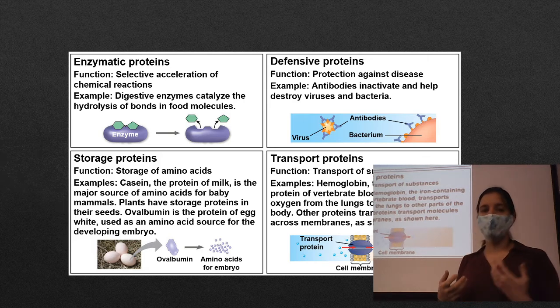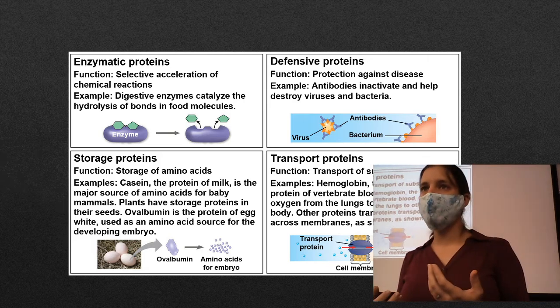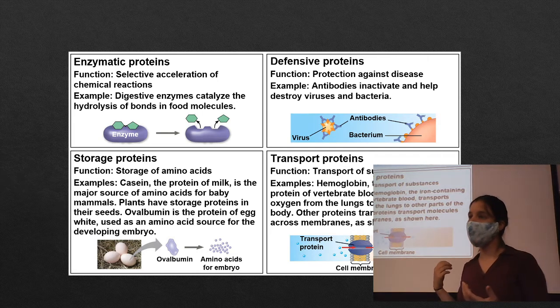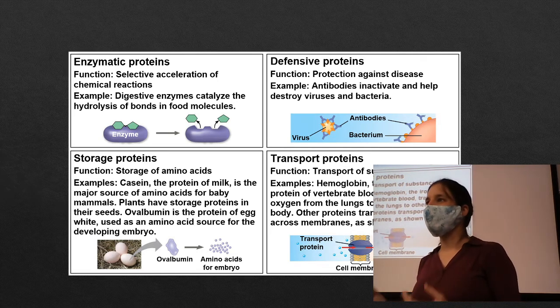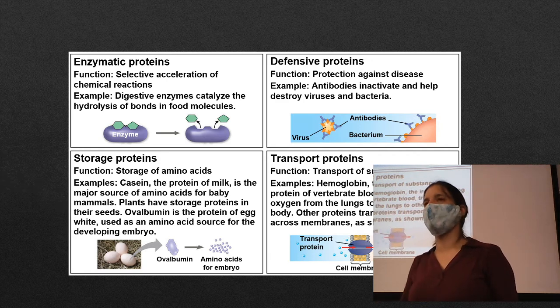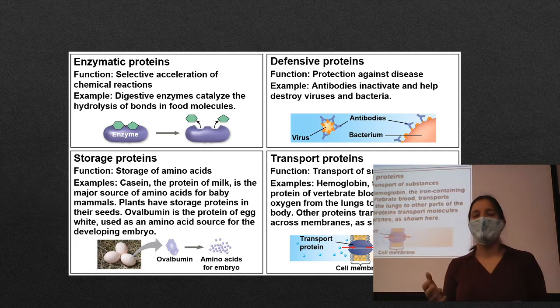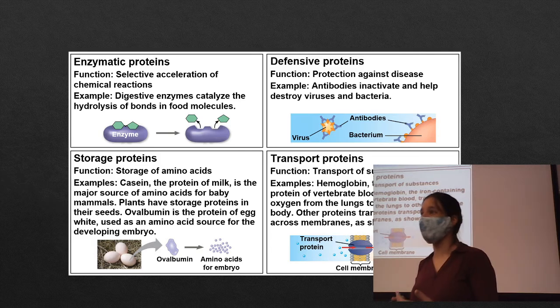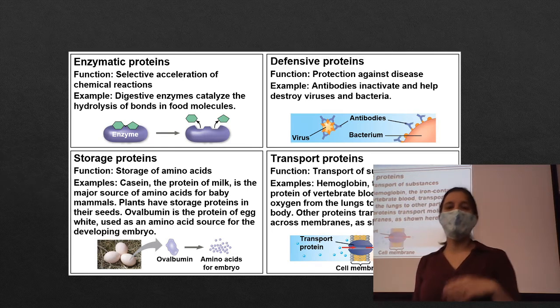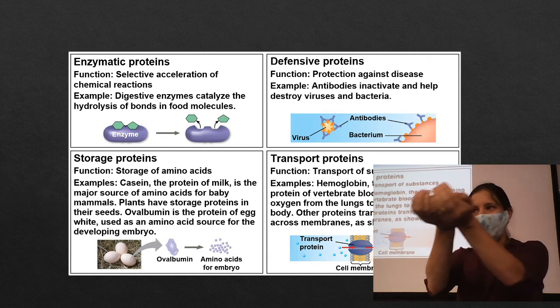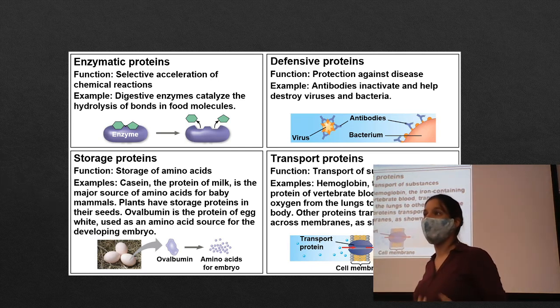If you want to store amino acids, you're using a protein to do this. If you want to move stuff around, you're often going to use a transport protein. Like, you want to move oxygen around your body? You need hemoglobin as a carrier of oxygen. That's a protein.